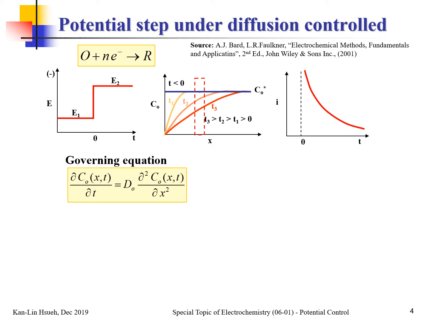And since this partial differential equation is first order with respect to t, and then second order with respect to x, in order to solve this equation we need one boundary condition with respect to time, and two boundary conditions with respect to x.